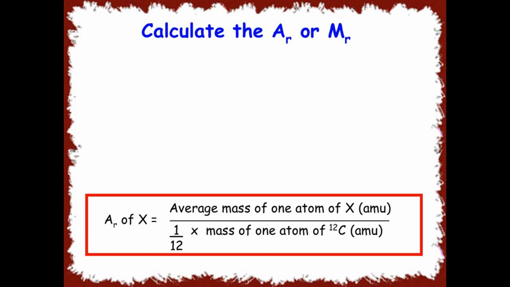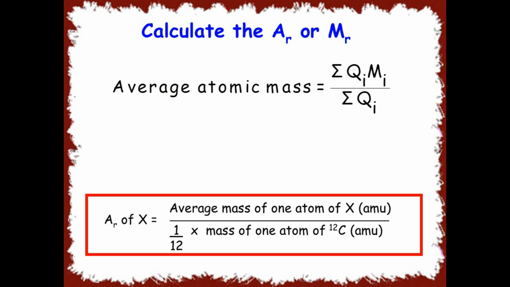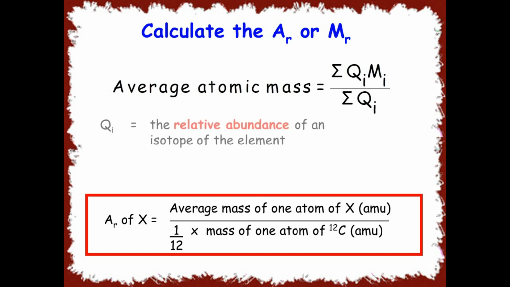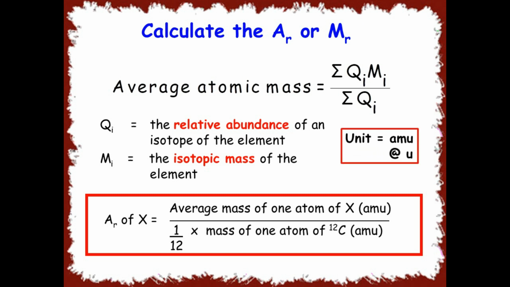Therefore, we need to find the value of the average mass of one atom of X by using the formula average atomic mass is equal to the sum of Qi multiplied with Mi divided by the sum of Qi, where Qi is the relative abundance of an isotope of the element and Mi is the isotopic mass of the element. The unit for average atomic mass is amu or u.